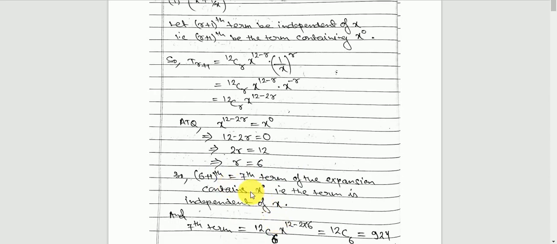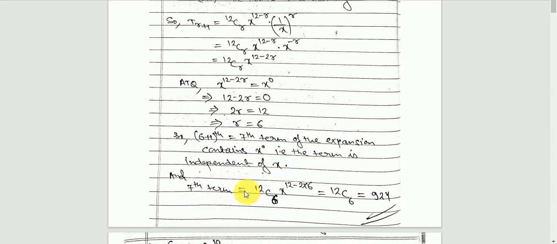That means the 7th term of the expansion contains x to the power 0, that means the 7th term is independent of x. So the 7th term will be given as 12 C 6, x to the power 12 minus 12, which comes to 924. So this is the term which is independent of x.